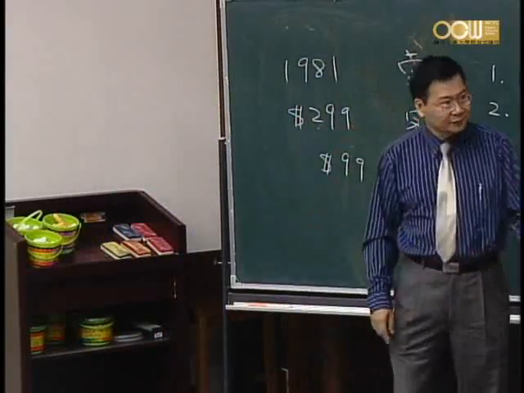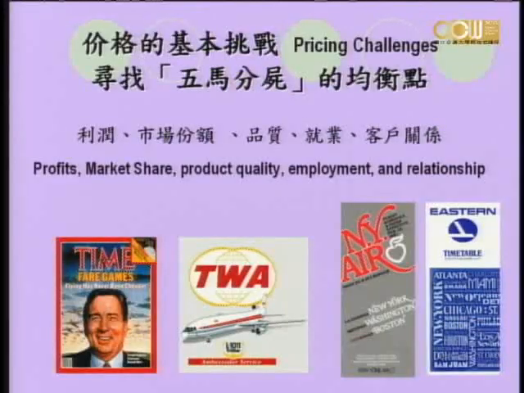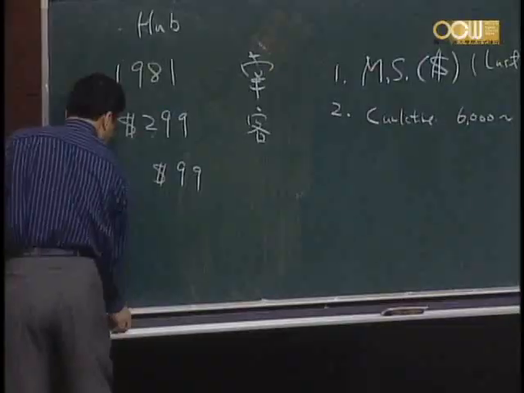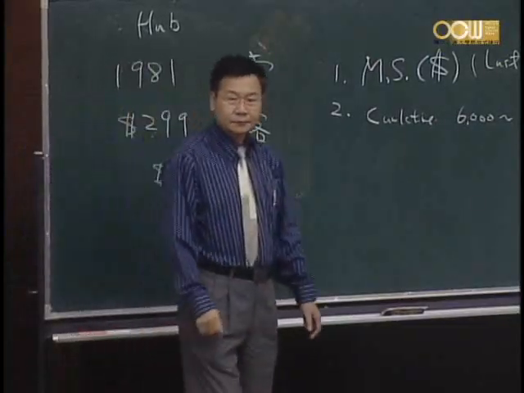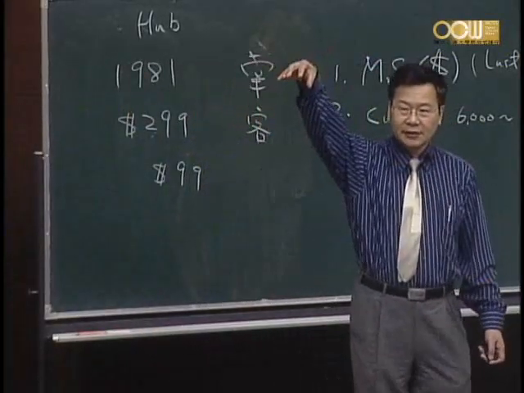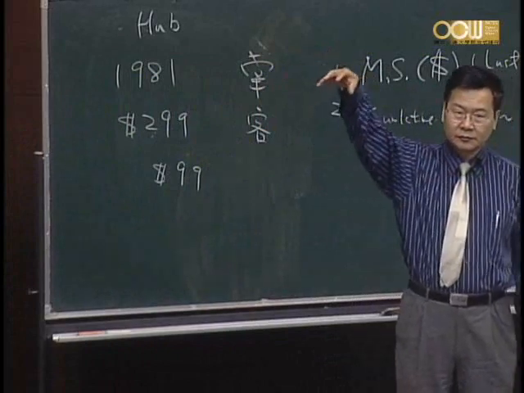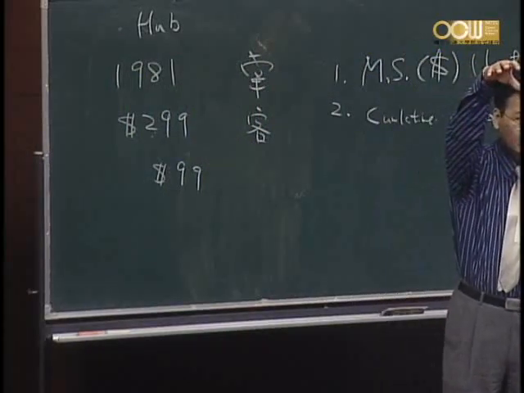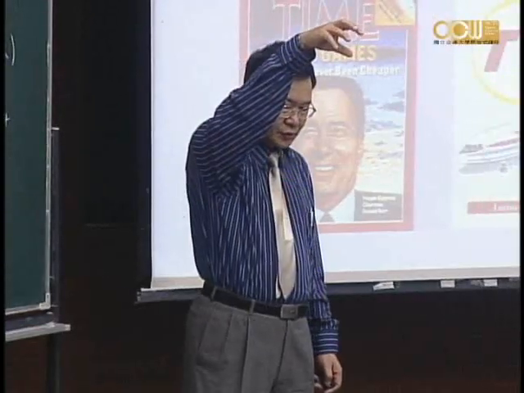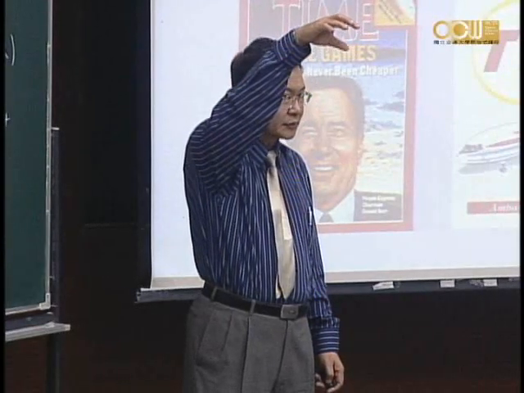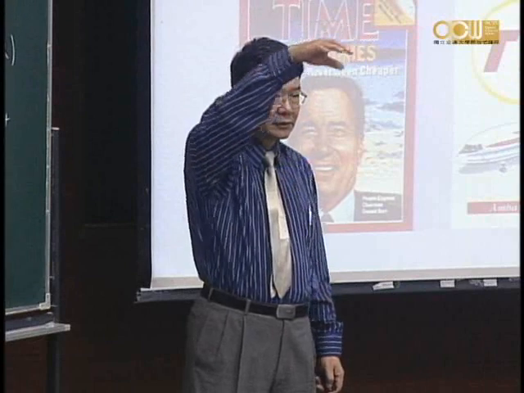There's a company called Eastern Airlines. In USA, let me tell you a little bit about transportation. They call it a hub. The concept is called hub. You know the hub, right? So Eastern Airlines' hub is in New York. Then Detroit is Northwestern Airlines.